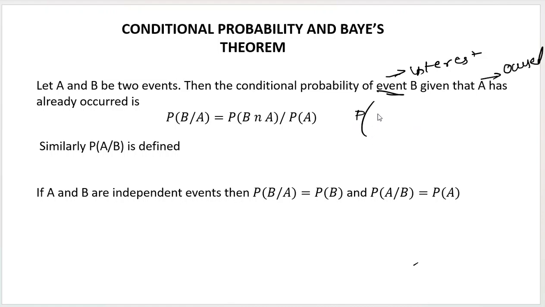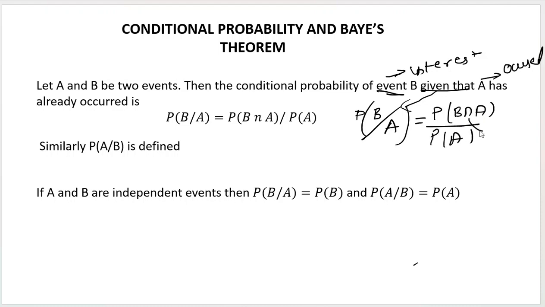We write it as P of B, the interested event, given that, which gets converted into the slash, and then A. We write this as P of B intersection A upon P of A. Although it is written as P of B intersection A, it is always read as B and A.